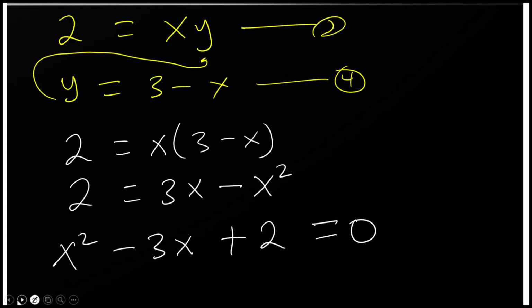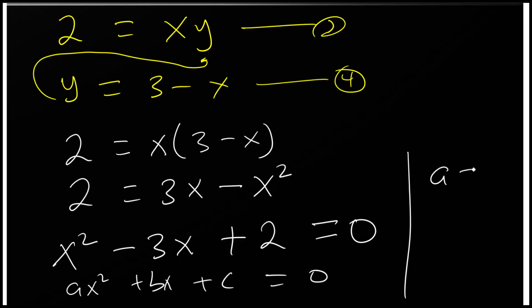Remember, when you compare this one, so ax squared plus bx plus c equals 0, so a is 1, b is minus 3, and c is 2. So we can do substitution here. a is 1, b is minus 3, and c is 2.